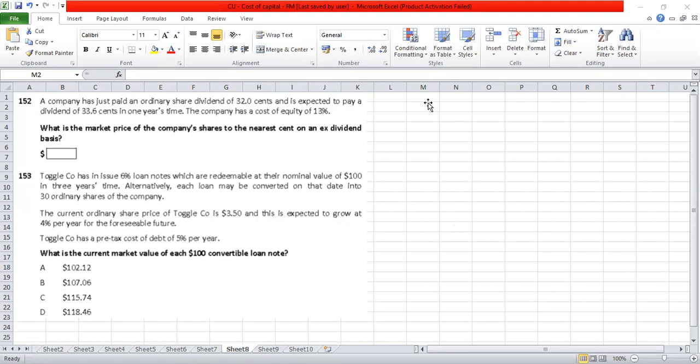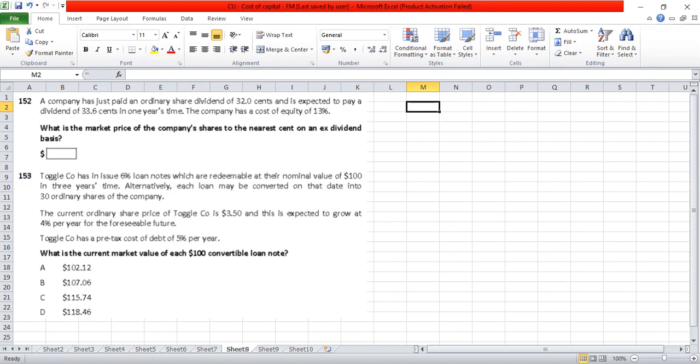We have to find out the current market value. The terms are given: the loan notes have a interest of 6%, which are redeemable at a nominal value of 100 in 3 years. Alternatively, each loan may be converted on that date into 30 ordinary shares.